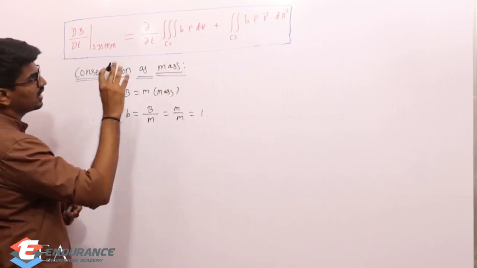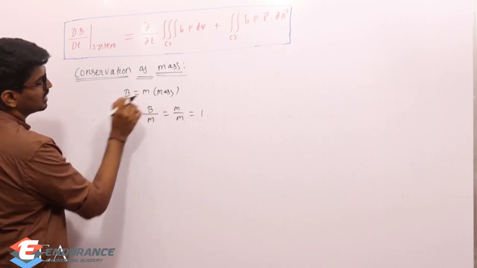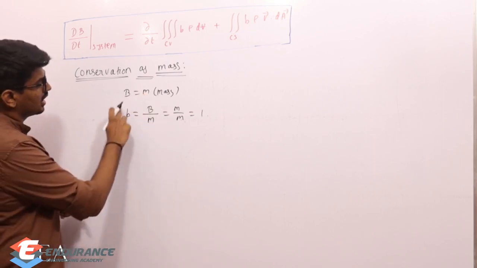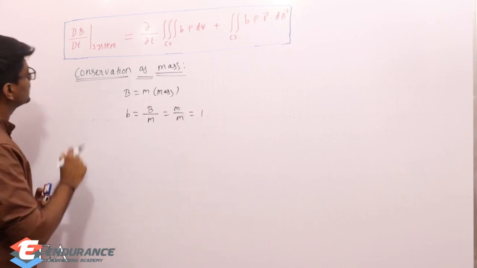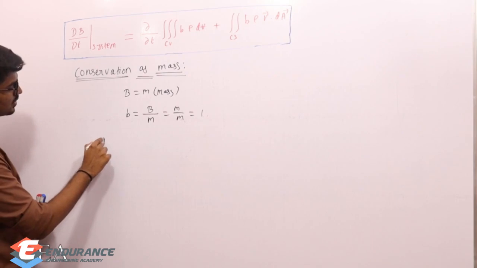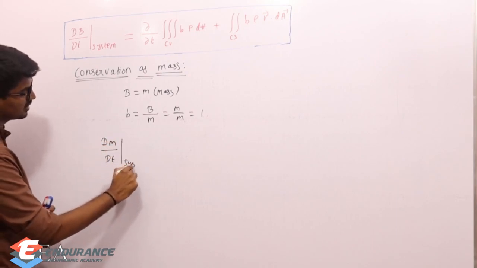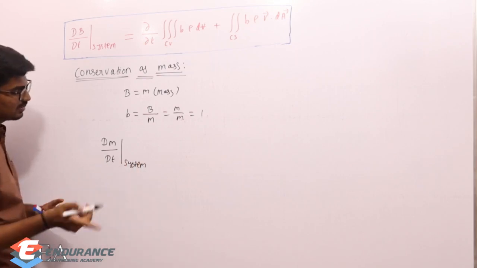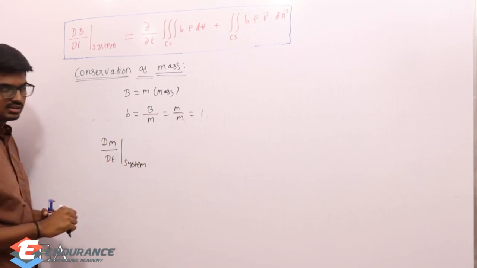So simply in your RTT, Reynolds Transport Theorem, wherever capital B is there, replace it with mass, and wherever small b is there, replace it with 1. If I do that, what will happen to the left hand side? It's going to be dm by dt for the system, the time rate of change of mass in the system.